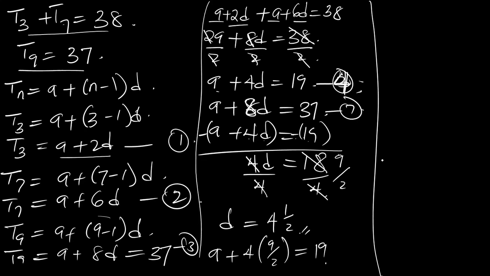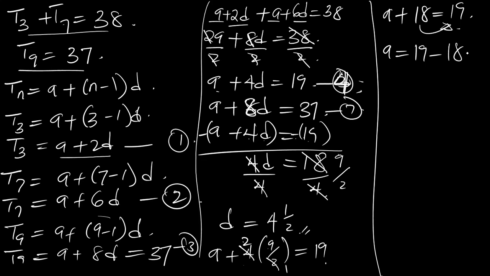So now you have a plus, 2 cancels 4, this is 2. 2 times 9 will give you 18. So a plus 18 is equal to 19. Now if you move this 18 to the other side, you have a is equal to 19 minus 18, which is 1. So a is equal to 1.